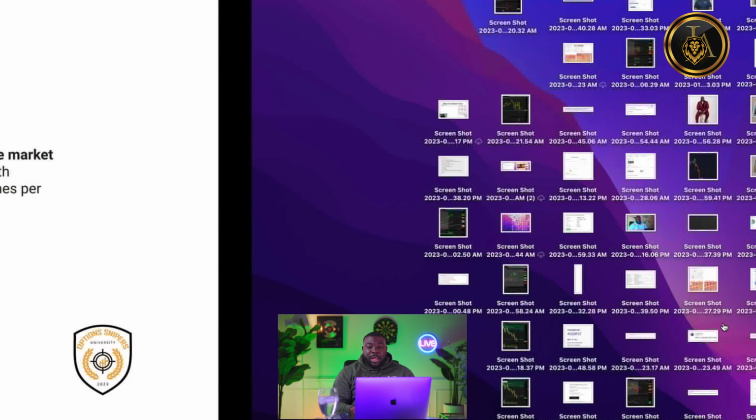So for example, one lot size or one contract or 100 contracts or 200 contracts, all that is being shown inside the order book.